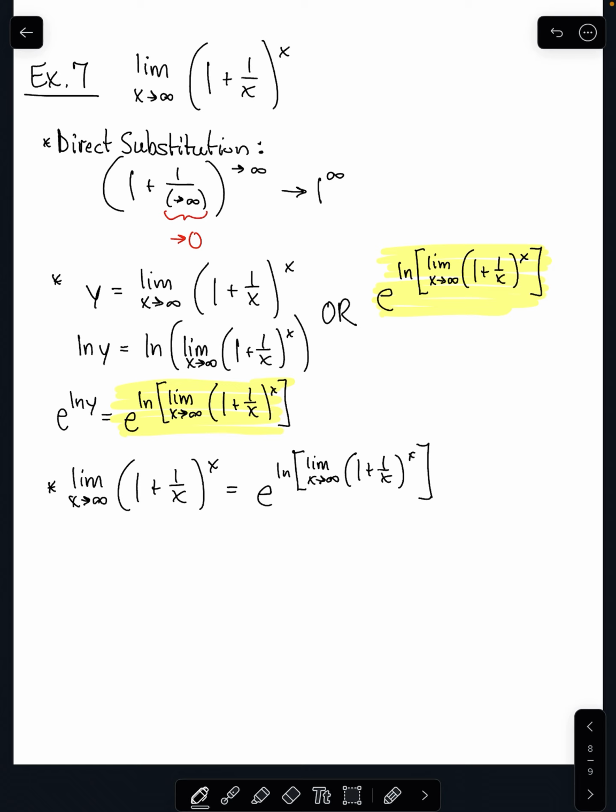There is a property of limits that deals with a composition of functions that says if we take the limit of the inside function first and then compose with the outer function, it is the same thing as composing the functions first and then taking the limit. What that essentially means is that we can interchange the order of the limit and the natural logarithm.